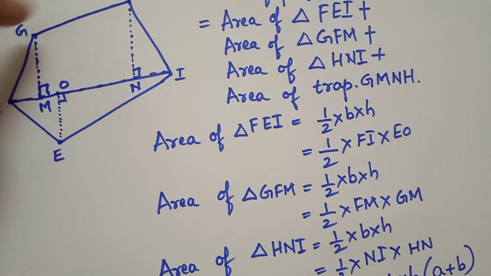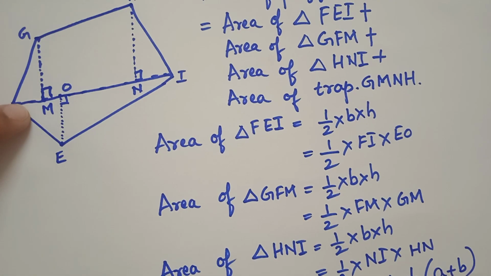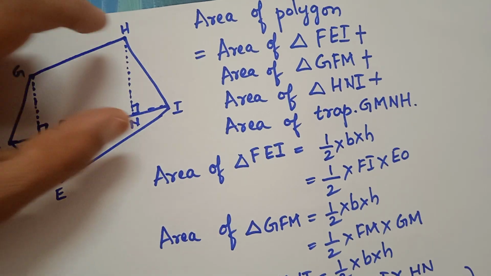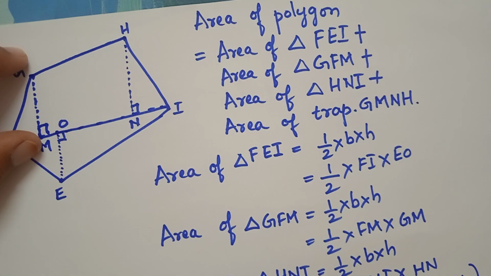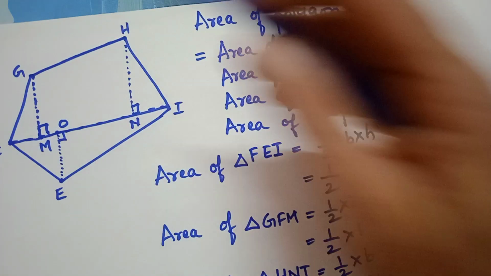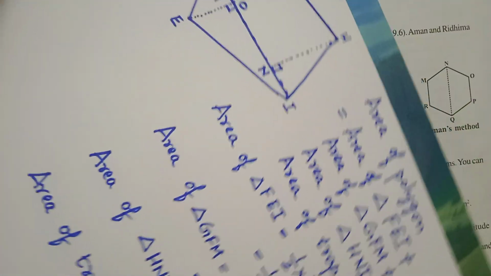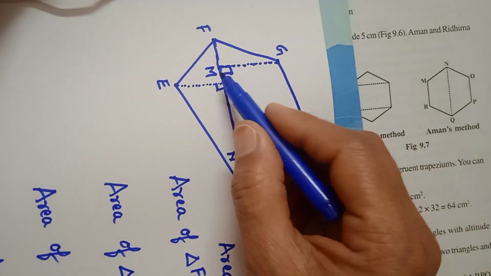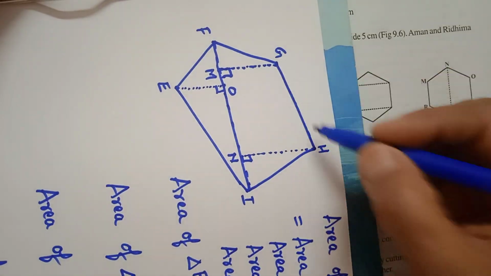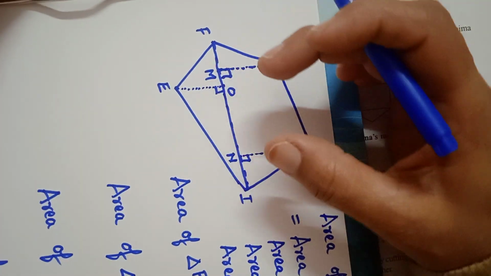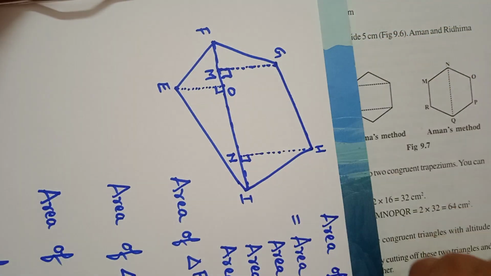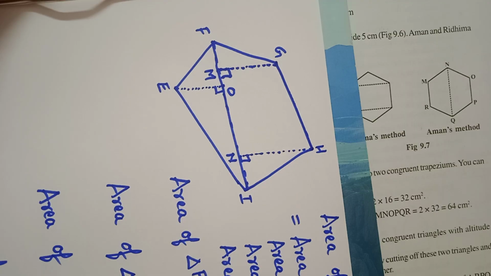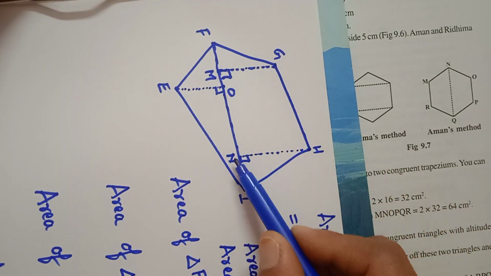The parallel sides of this trapezium are GM and HN. These are the two parallel sides. And height is what? When you consider this as a trapezium in this way, the height is this only. The distance between the two parallel sides, MN, is the height. Got it? This is the trapezium.